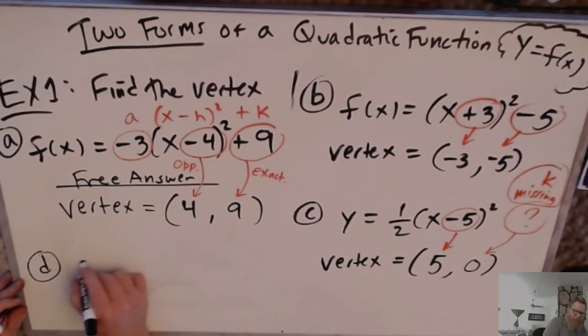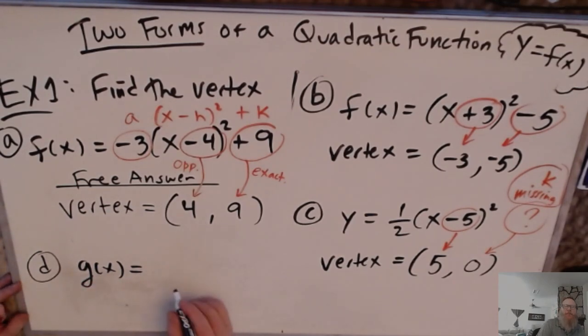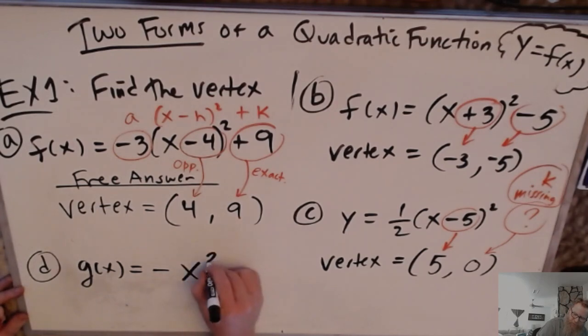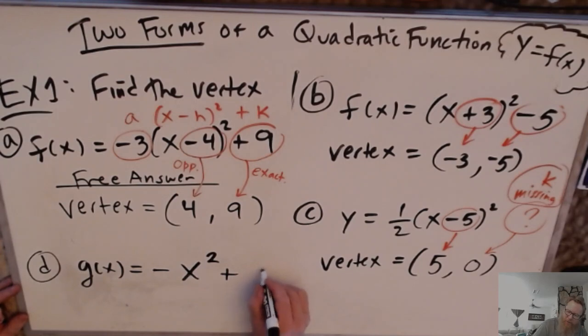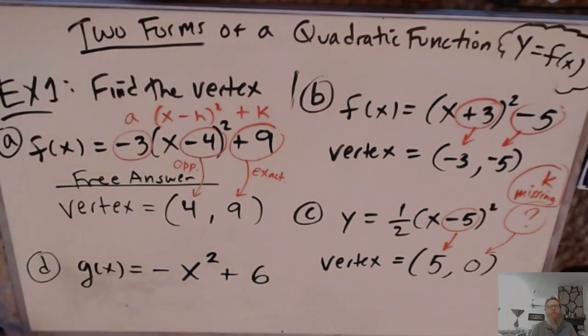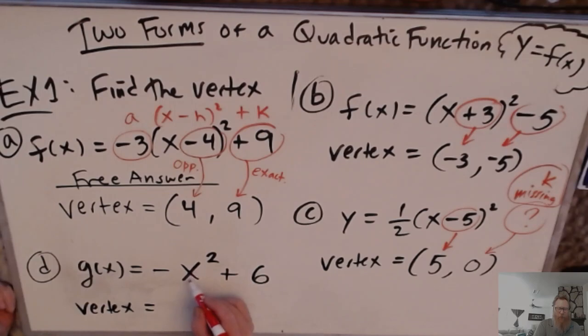We got room for a part D. Another name for a function is g of x. Okay, there's no parentheses.